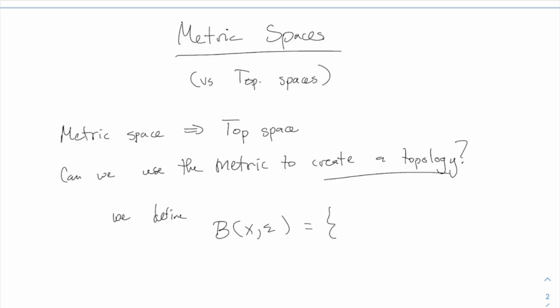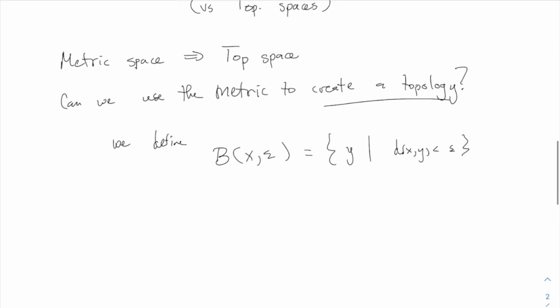This is the definition, and this is all y such that the distance from x to y is less than epsilon, right? So we define that, and then we just say that is an open set, and that's what makes our topology. So we define these and then use the balls as basis neighborhoods for a topology.